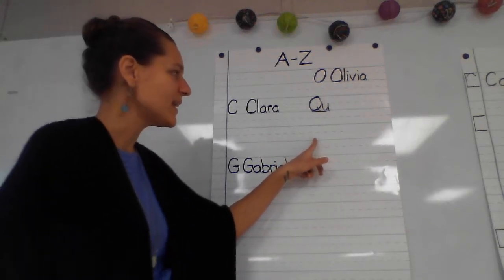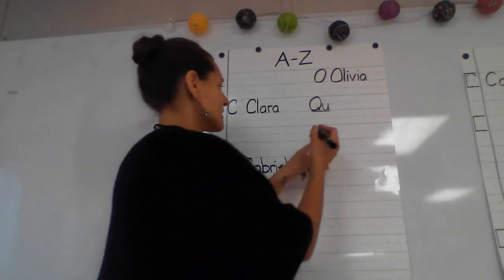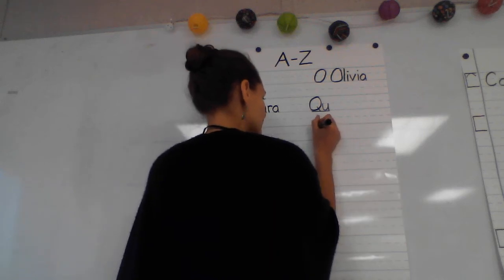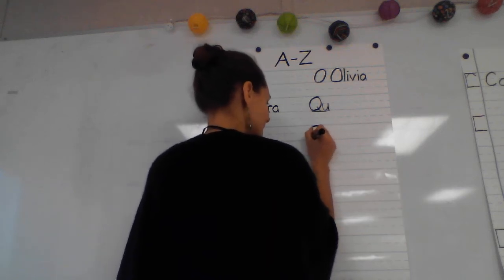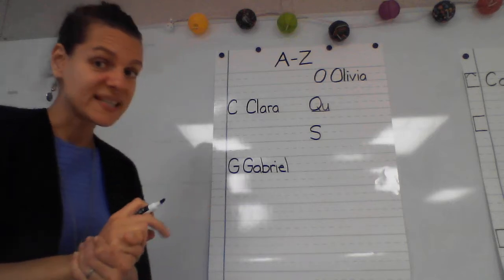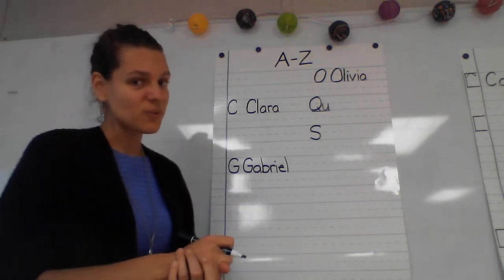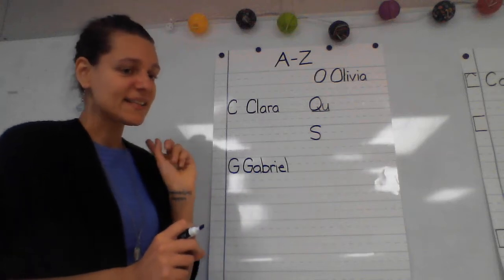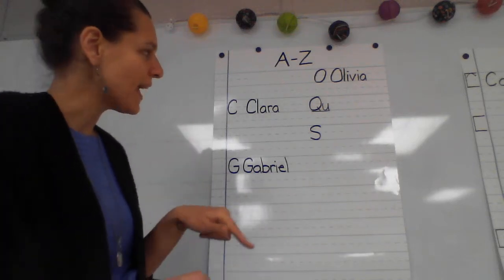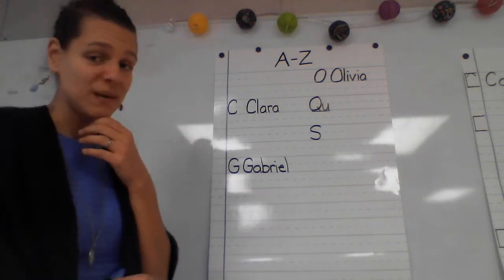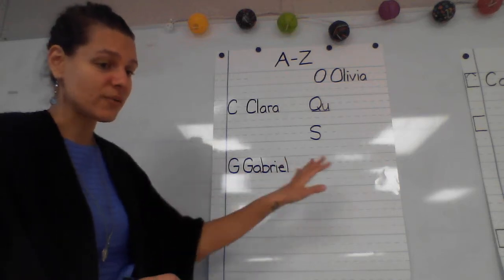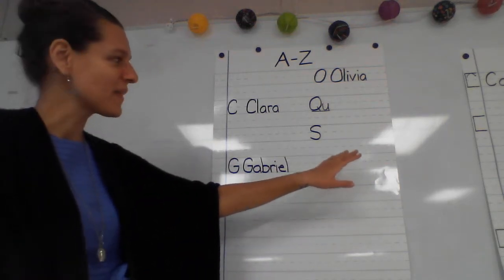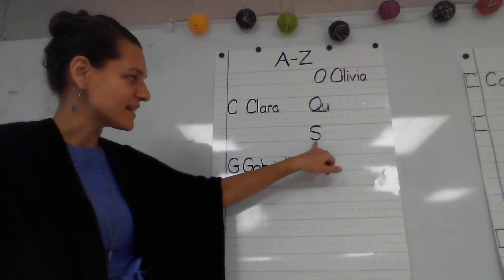All right, we have one more capital letter to put on our chart. We're going to put it right here. It's our capital S. And it just so happens that we do have a student in first grade whose name starts with this Z. And so, of course, we would use a capital. And I hope I can fit the whole name in because it's kind of long. So I'm going to write Savannah here because her name starts with this letter.